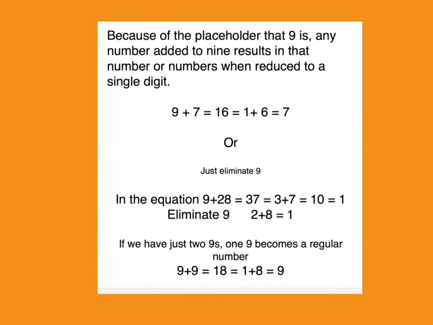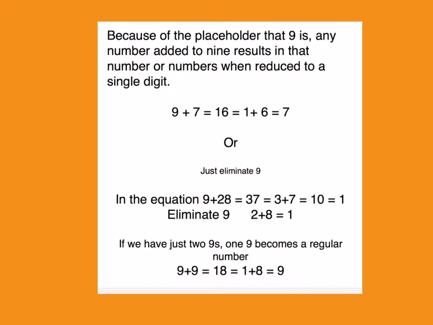Now, this system, as I said, is 1 through 9, 9 being the key to the whole system. 9 being the placeholder that it is has certain anomalies and peculiarities. For example, any number added to 9 results in that number, when we reduce all the numbers 1 through 9.